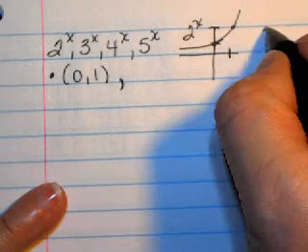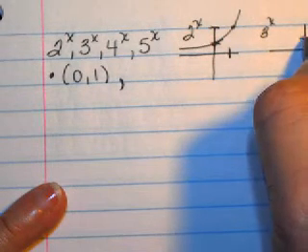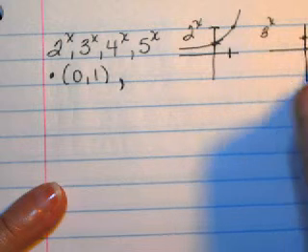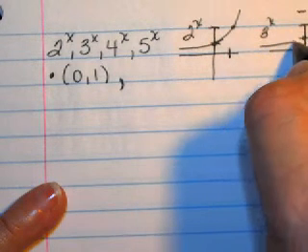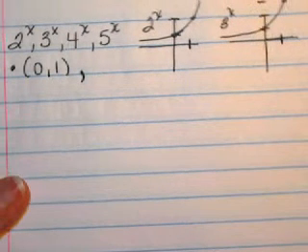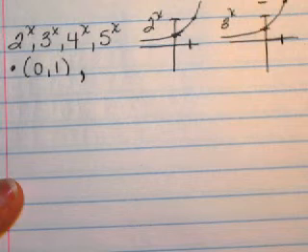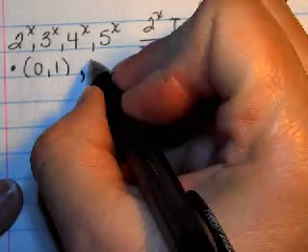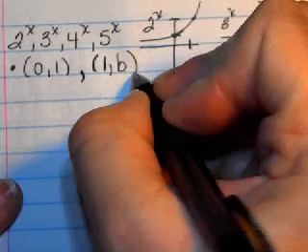Now, if I were to graph 3 to the x, it would go through 0 and 1, but it also goes through 1 and 3. So my question to the class was, well, if 2 to the x goes through 1 and 2 and 3 to the x goes through 1 and 3, what would 4 and 5 go through? Well, 1 and 4 and 1 and 5. And so the other thing they have in common is they're always going to go through 1 and the base.